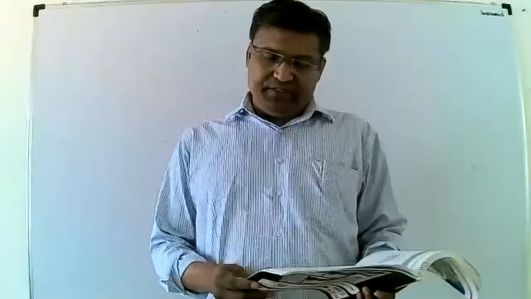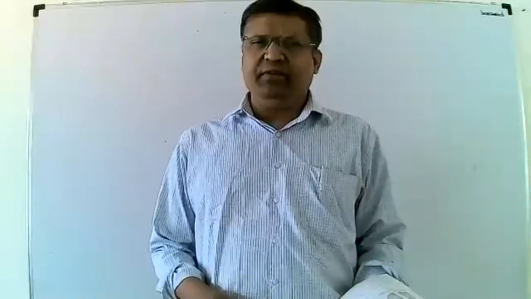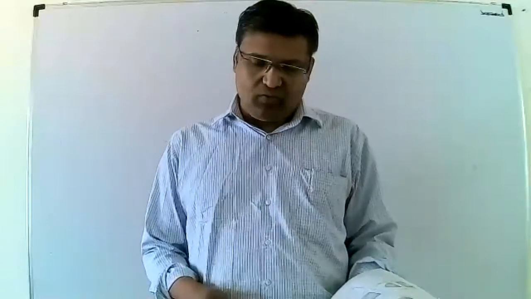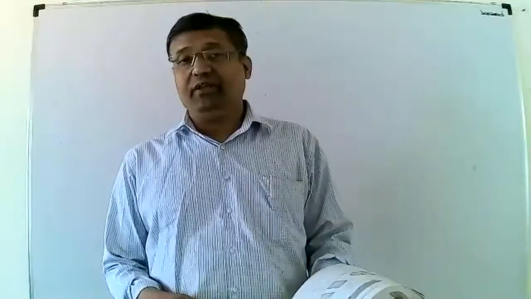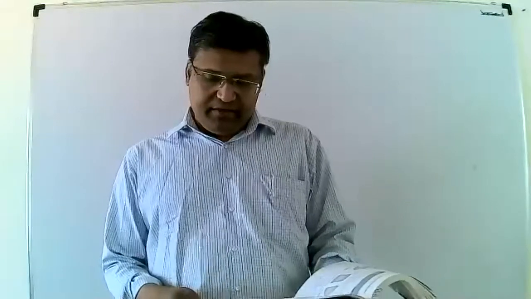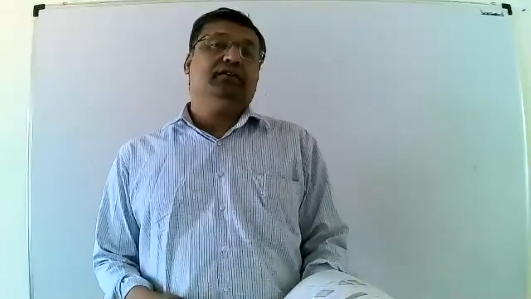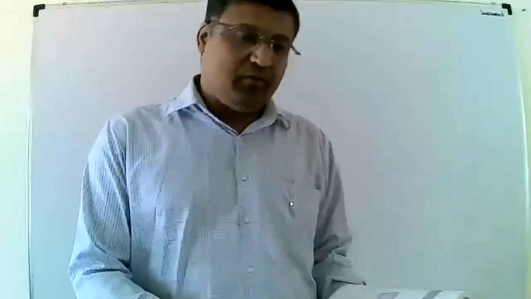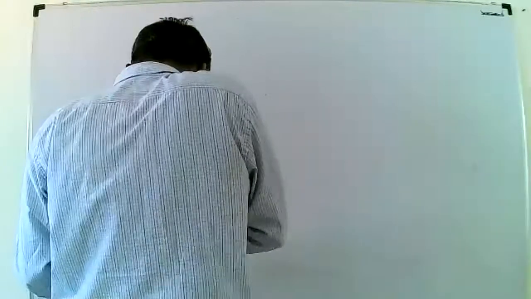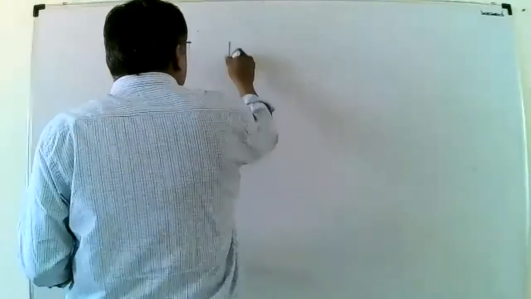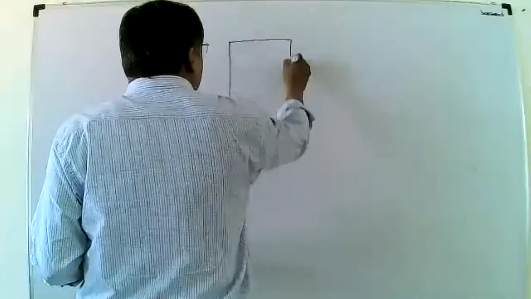To first find the shear stress at the top layer, the very simple way is to take Y1 as 150 mm from the neutral layer. That value is provided. Here I just draw the diagram. This is a rectangular section.